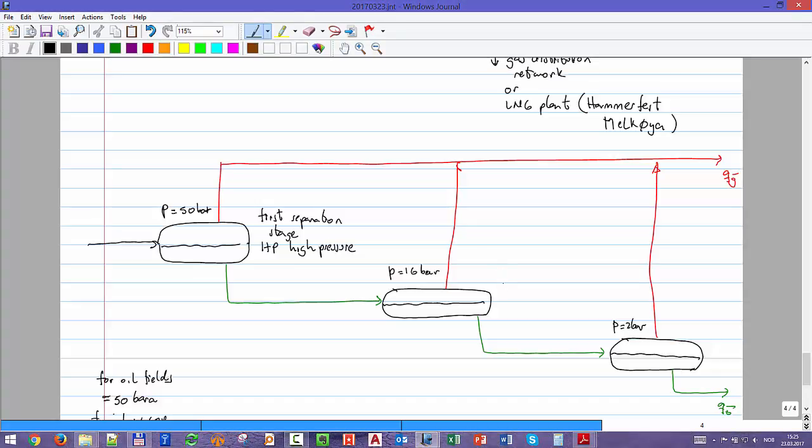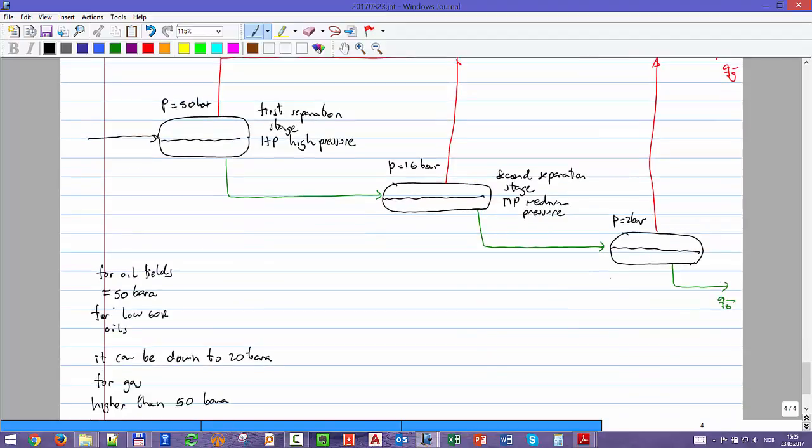That will be the second separation stage, or medium pressure, MP, and the third separation stage, or low pressure.